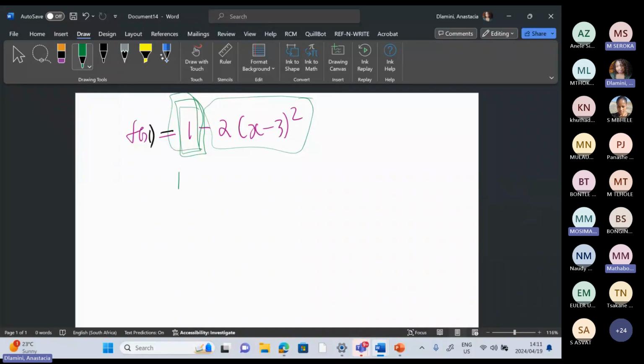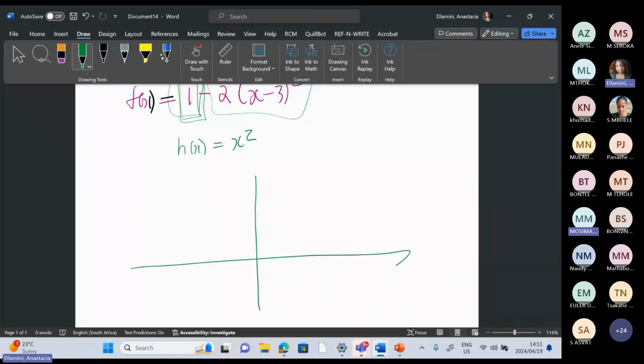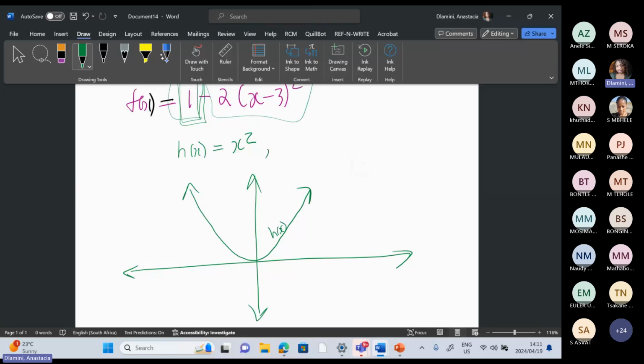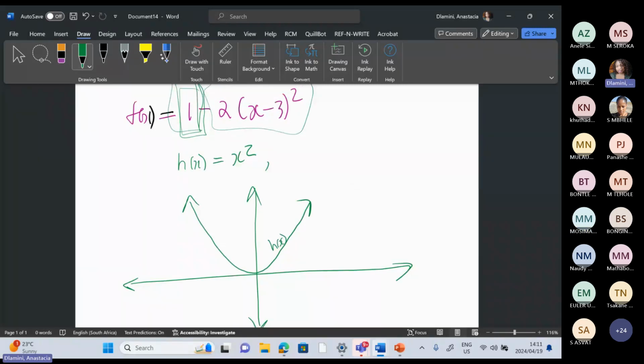Because if you have f of x equals x squared, what will happen is you'll have something like this. This is the parent function, right? Yes. And then you say, okay, fine, what I can do is multiply by 2 first.